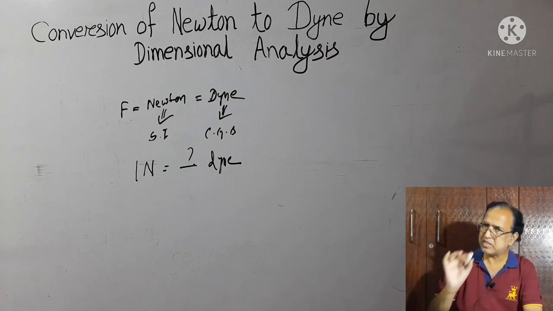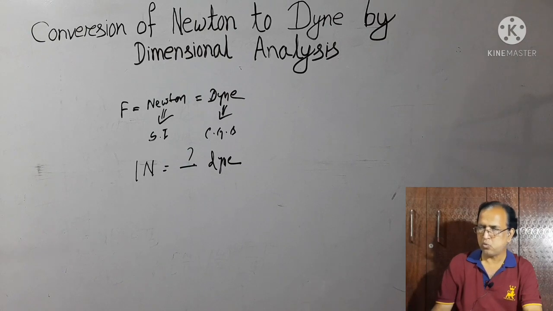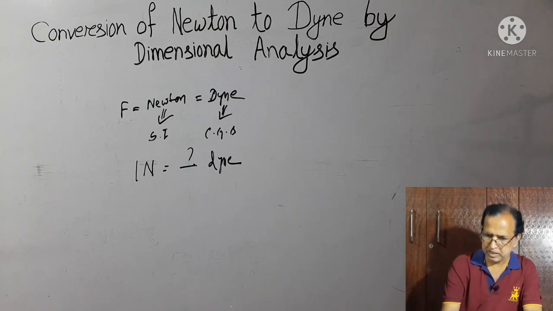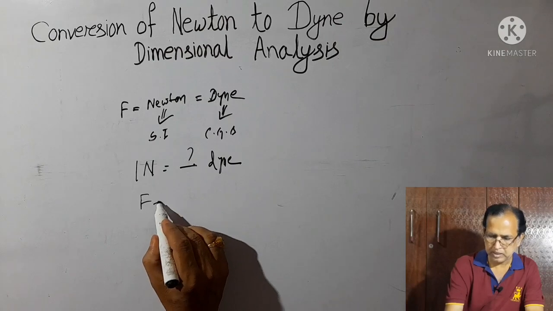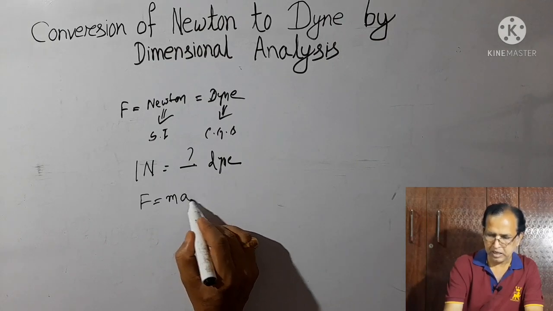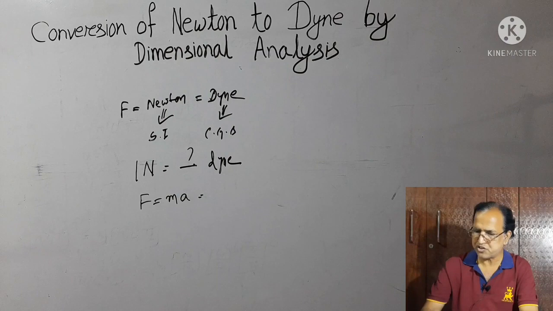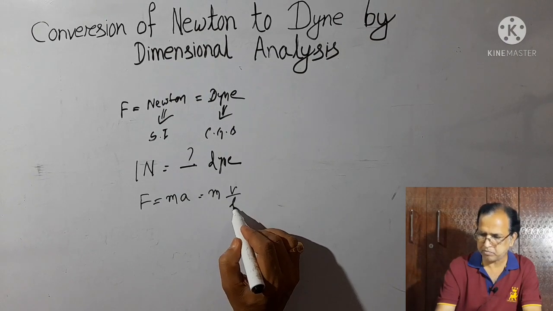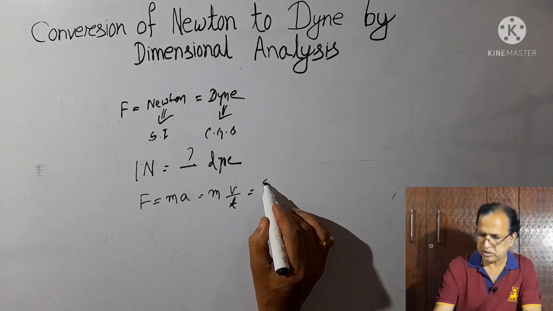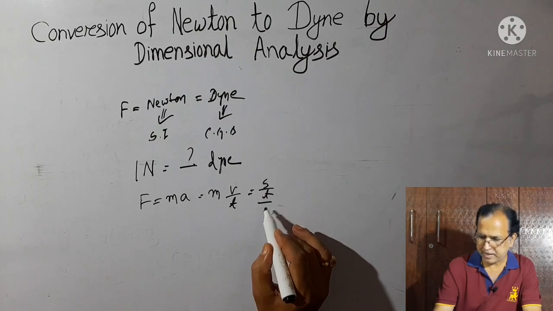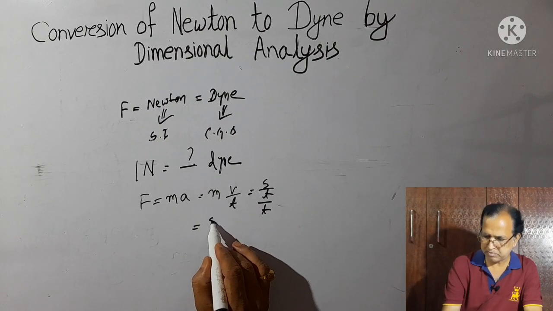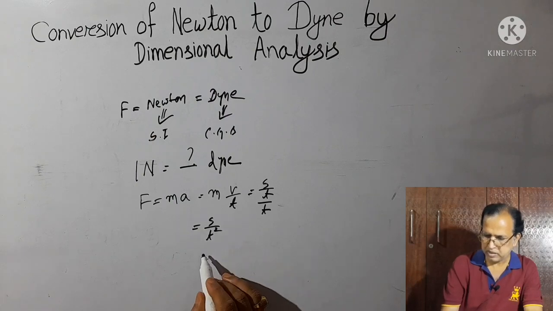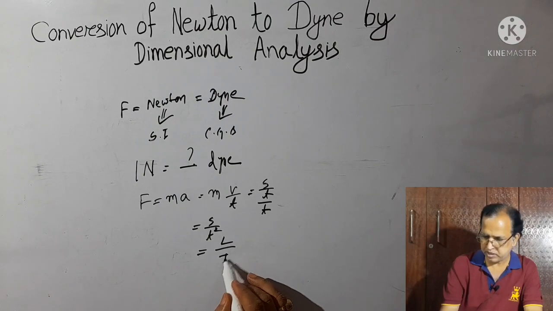So F is equal to ma. First we find the dimensional formula of force. F is equal to ma, m is the mass, a is the acceleration. Acceleration is velocity by time, velocity is displacement by time, so acceleration is L by t square.